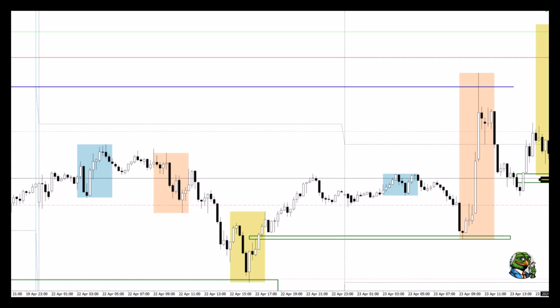So if I'm entering there and then this is like a 6 pip, 7 pip move down, I typically put my stop down 25 pips, so I've got plenty of room for that to move, okay? But typically if it goes back below where the first candle that created the gap in that 3 candle pattern, then you're really not in the right move, okay? You can get out there.